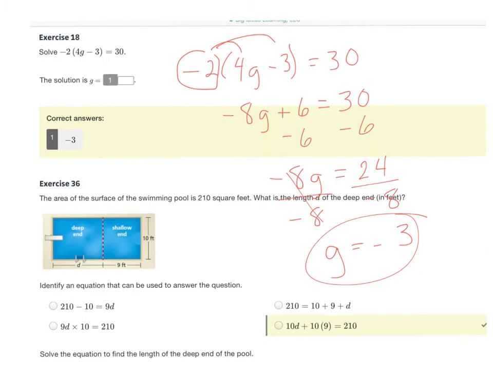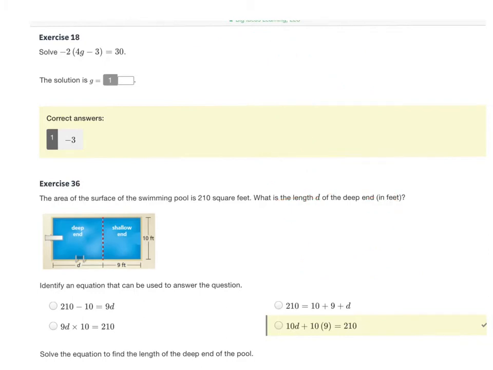Alright, let's take a look at 36. 36 says the area of the surface of the swimming pool is 210 square feet. What is the length d of the deep end in feet? So we are trying to find what this d is. There's a couple ways we could do it. We know that the whole thing has to equal 210 square feet.